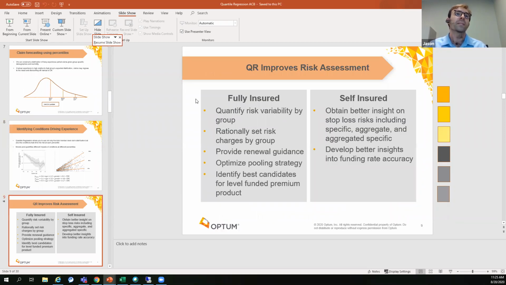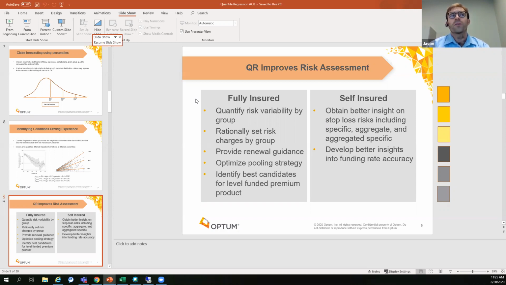For both fully insured and self-insured groups, quantile regression can really improve our risk assessment. There are very many applications of having these new estimates that tell you about the whole distribution rather than just the expected value. Here I've outlined a few of the applications that I think are the most important.